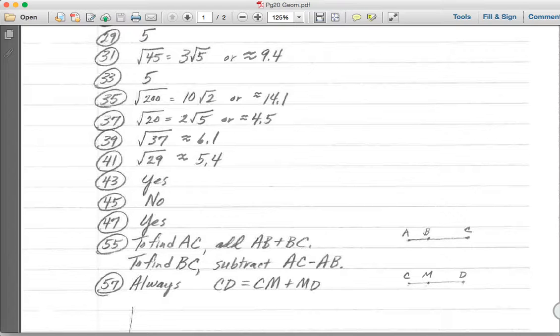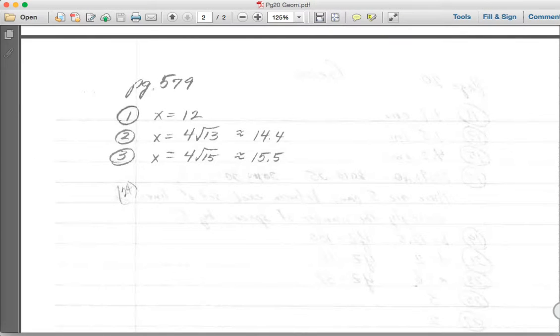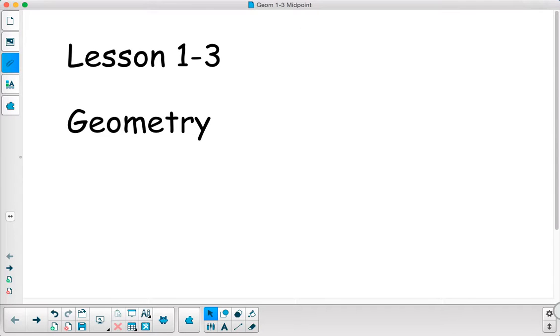And the last bunch. So if you have some questions on those assignment problems, please mark them and plan to talk to me about them when I return the next day of school.